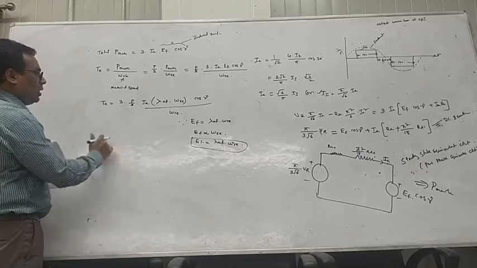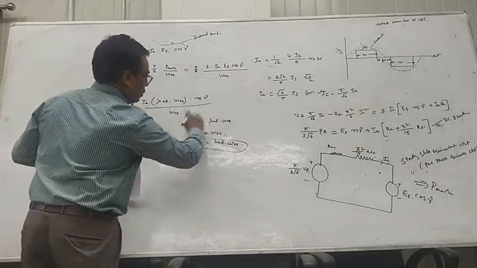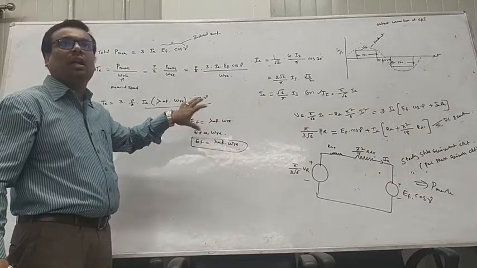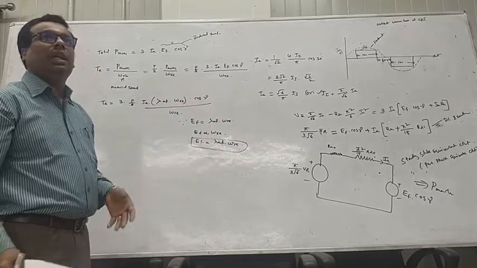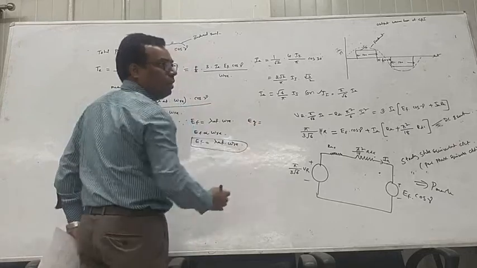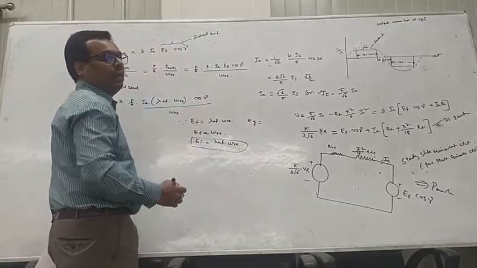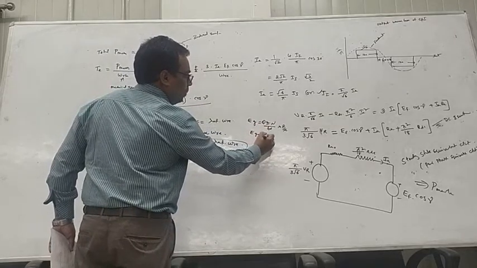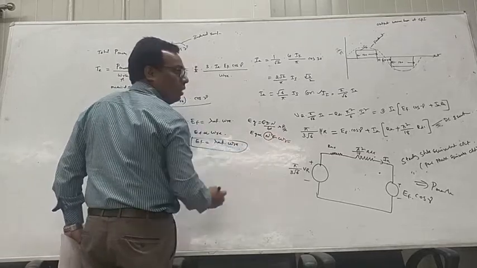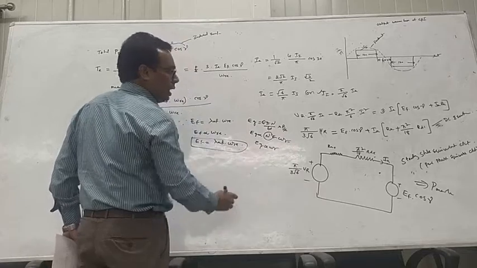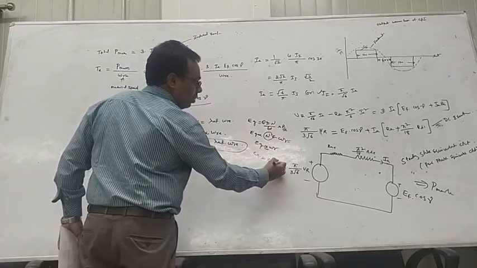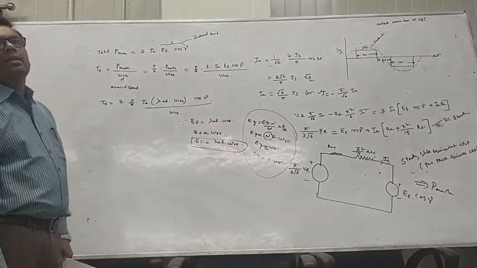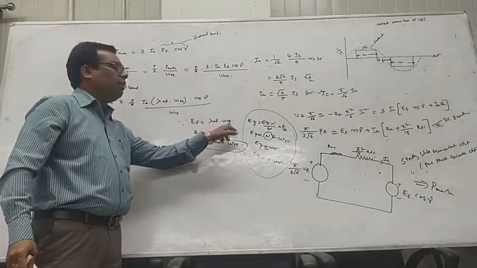So we assume that EF is equal to lambda AF into omega Re in this synchronous machine. Like the induced EMF in a DC generator, Eg is equal to pi Z n by 60 into P by A. Here Eg is directly proportional to N, which is the speed omega R or omega M. So Eg is equal to some K into omega R. This is the DC machine equivalent, and similarly in the synchronous machine, EF is equal to lambda AF into omega Re.